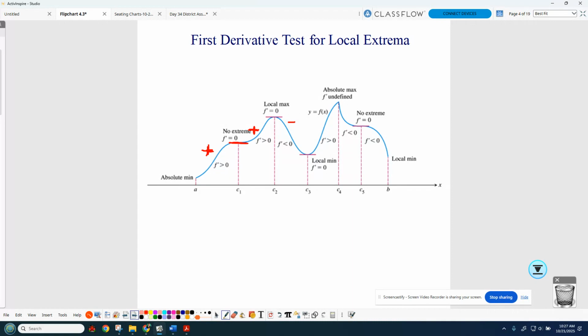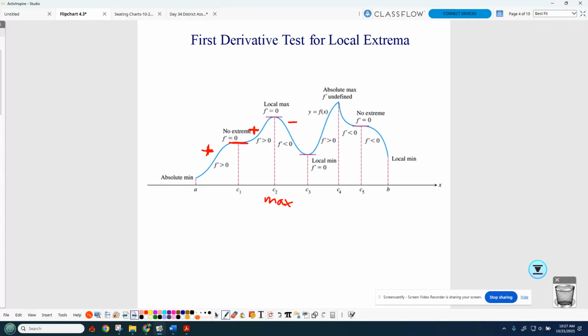At C2, the first derivative was positive, then went negative. When the sign changes that way, it's going to be a max. I would have to do more checking to figure out if it's absolute or just local.